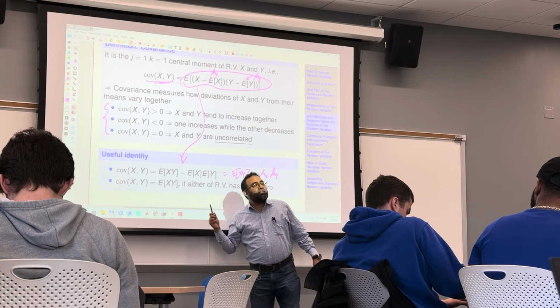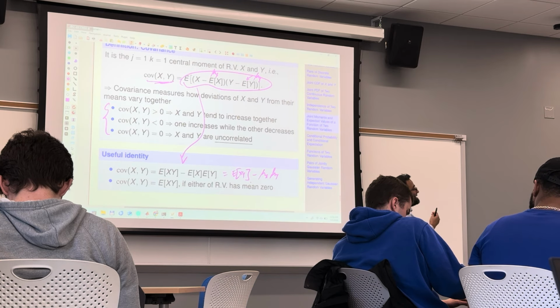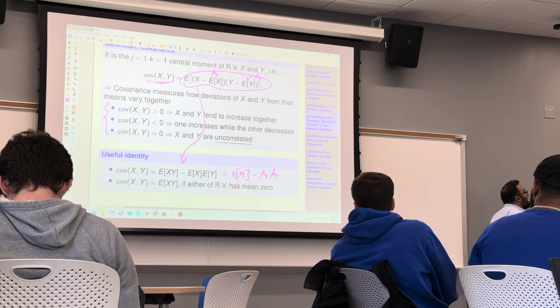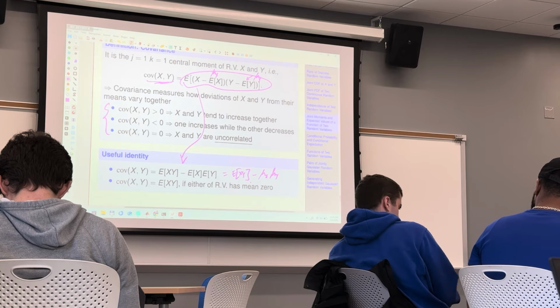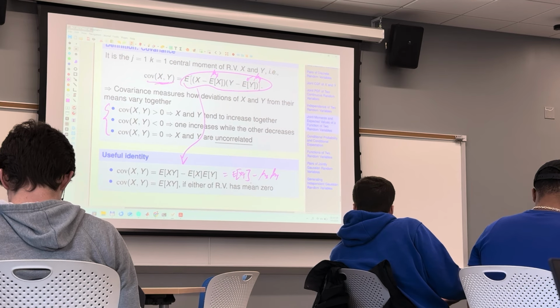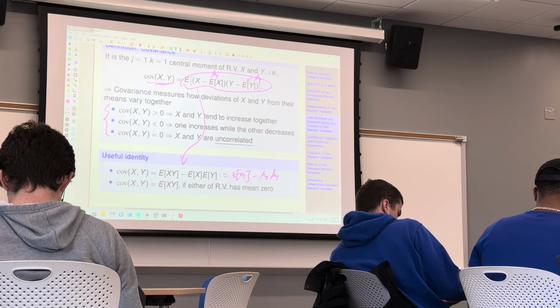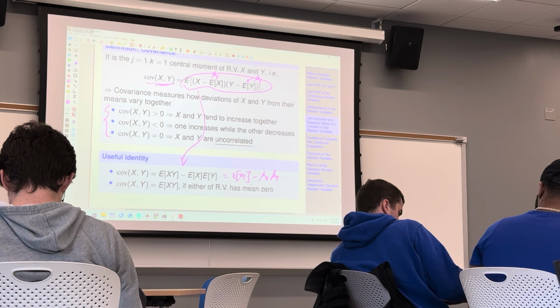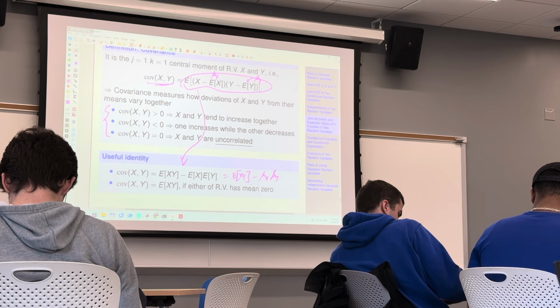We say that covariance is the same as correlation if either the mean of random variable x or the mean of random variable y is 0. If any of the means is 0, then covariance becomes simply correlation.